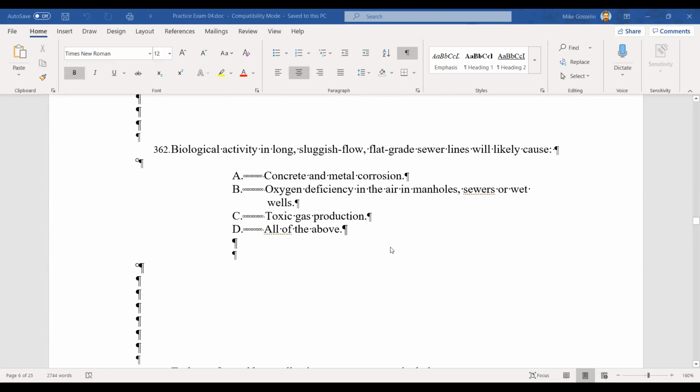So biological activity in long, slow flow, flat grade sewer lines will most likely cause... yeah, that's right. D, all of the above for sure.